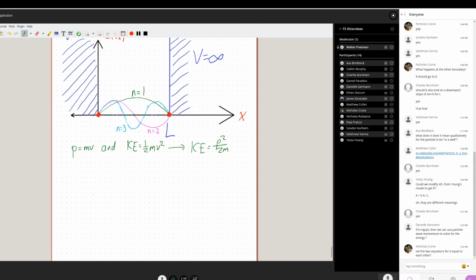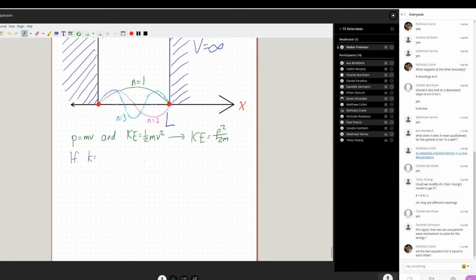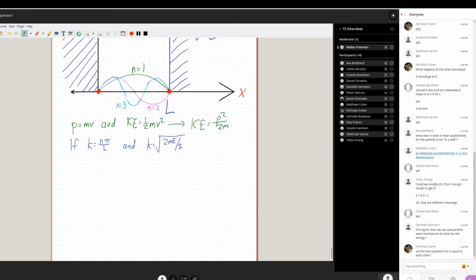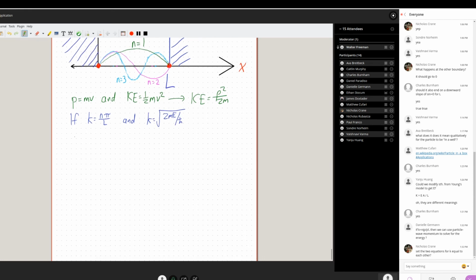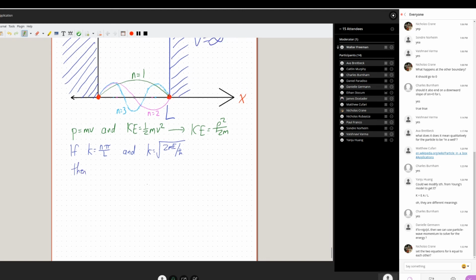Nick says set the two equations for k equal to each other. So if k equals n pi over L, and k equals the square root of 2mE over h bar, then n pi over L equals the square root of 2mE over h bar.